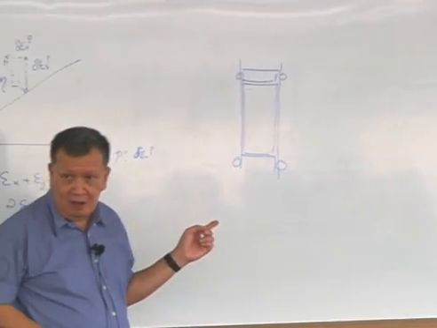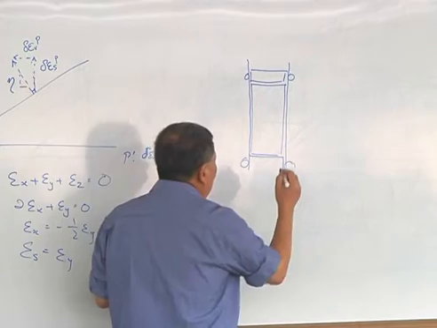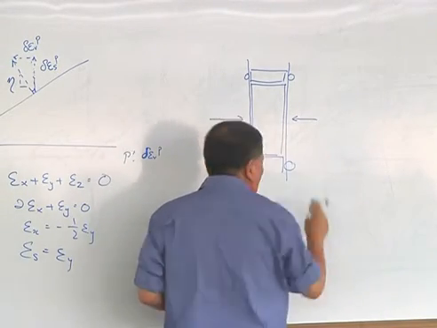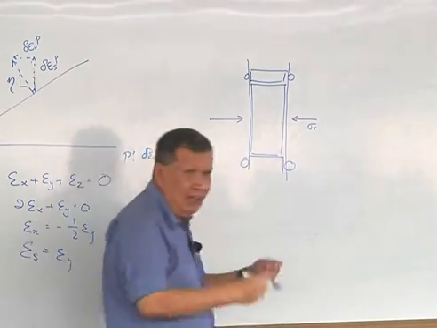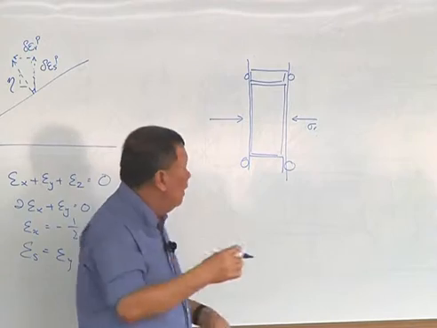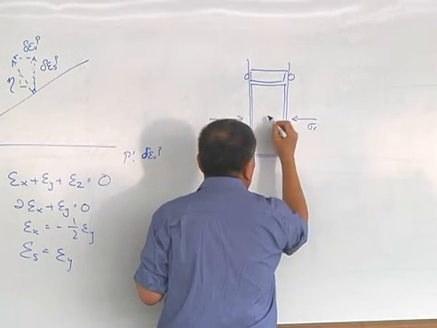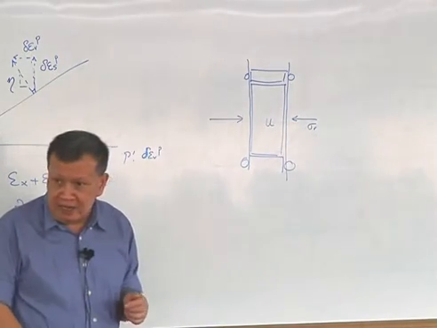Now, supposing you have a cell pressure, sigma R, total stress, acting on the outside, and you have a certain level of effective stress, but you also have some pore water pressure on the inside.